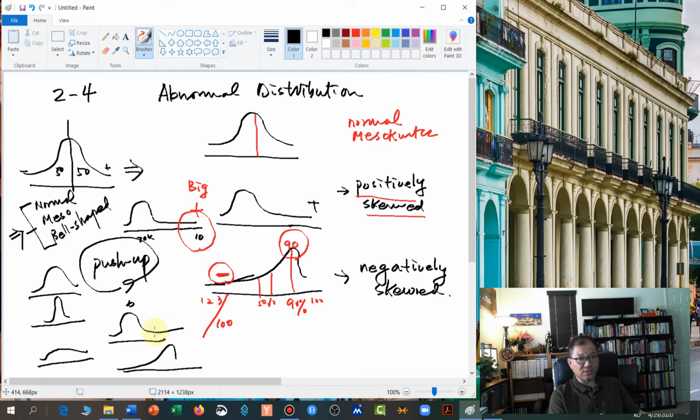It really depends on what data we get. But if we collect data on push-ups from the population, we will see normal distribution. Most people will do around 20 push-ups per minute. Some people can do 70, but some of you can do only 2 or 3. That is the normal distribution.